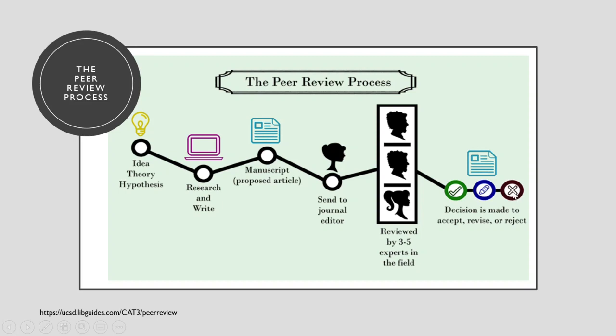So a peer-reviewed article that you see in a journal is one that has gone through this process and has been accepted for publication or accepted after some revisions. So that's the peer review process. Peer-reviewed journal articles are the gold standard of articles. They are the absolute best.